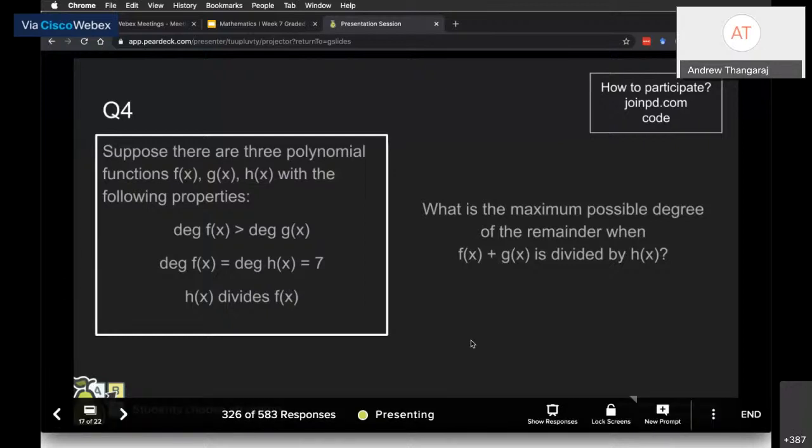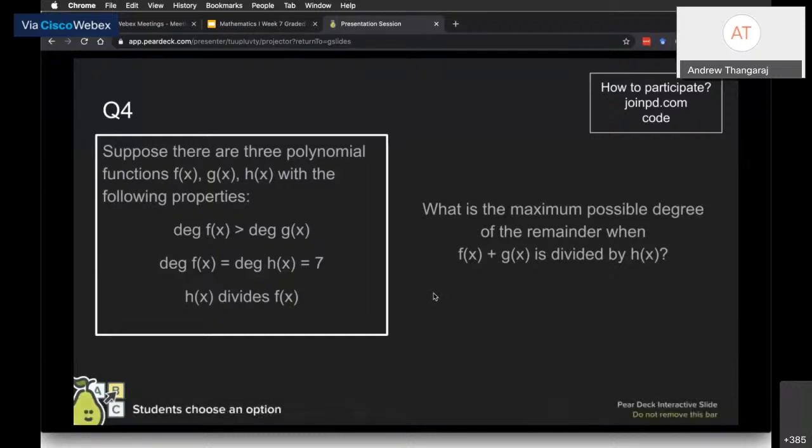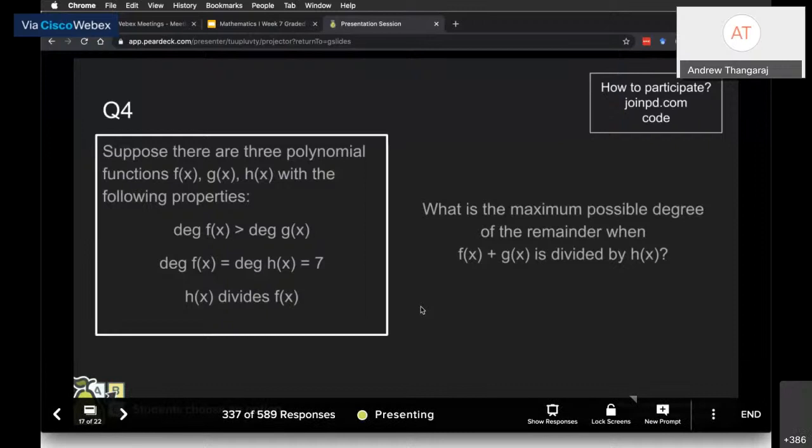Somebody is asking what's going on here. So if you're joining in late, we are solving problems together. The problem that you see on screen, you have to solve. And you have to go to joinpd.com and enter the code FKZUKM, and then you can enter the answer to this question and then see it. Right now, I'm giving time for people to answer the question.